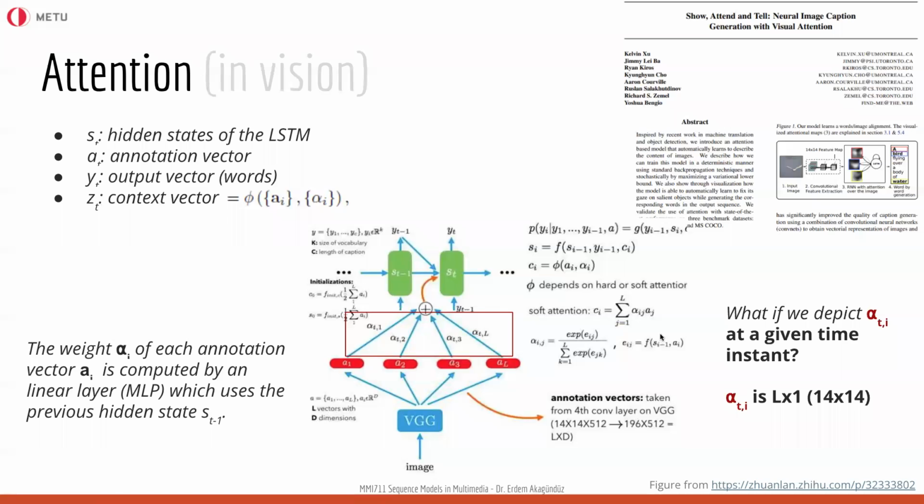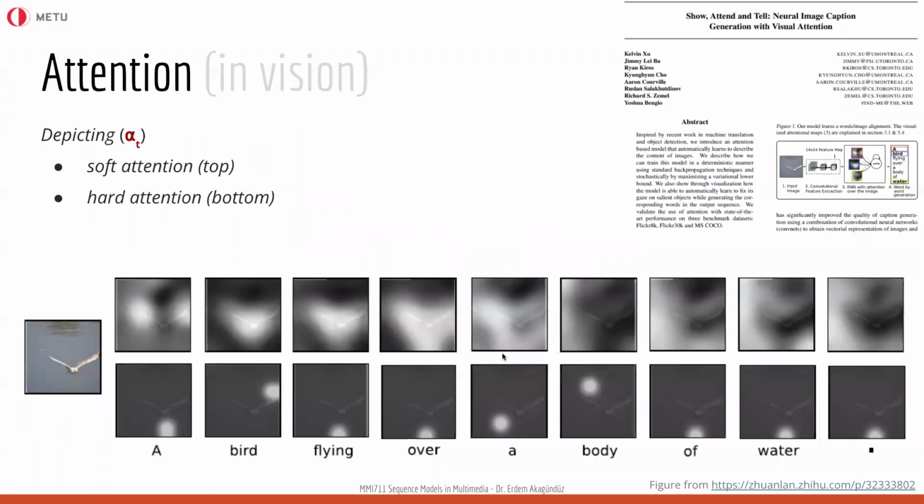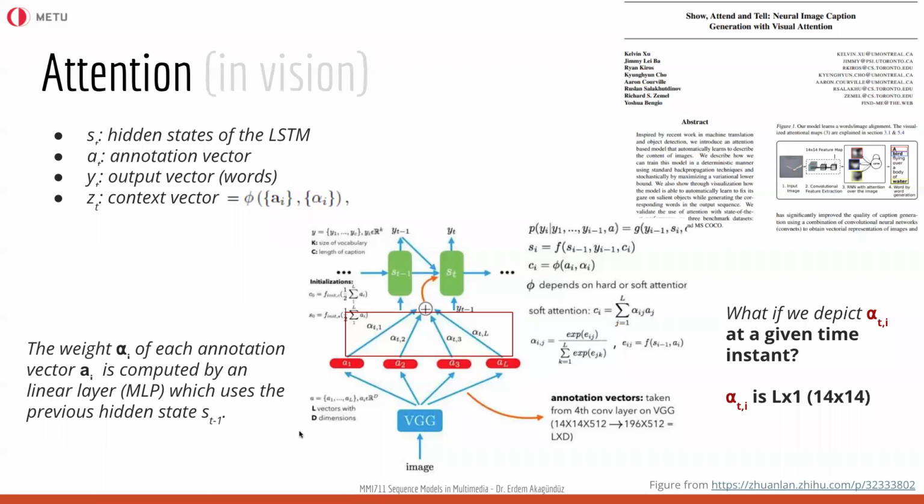So what if we depict alpha at a given instant? I'm sure when people talk about this attention, they all have these figures. If you already know what attention is, it will be trivial to you, but if this is the first time you're seeing visual attention, I'm feeding the image to VGG.